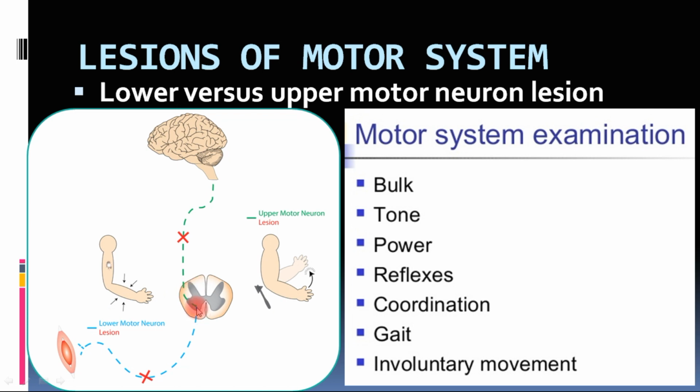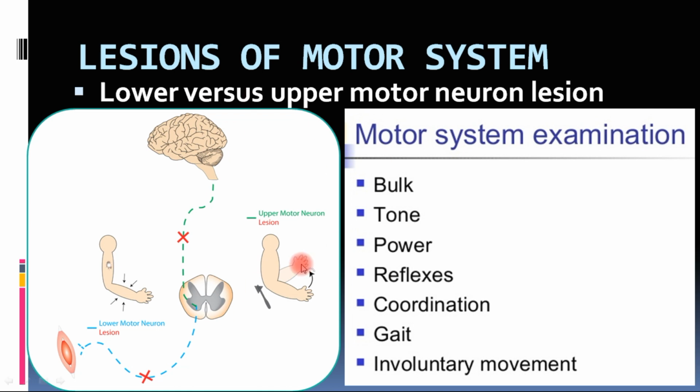And if the damage is to the spinal nerve or the spinal nerve root, this damage will be called a lower motor neuron lesion for that particular muscle. So, if the descending tract is affected, it will be called an upper motor neuron lesion, and if the final common pathway is affected, it will be called a lower motor neuron lesion.